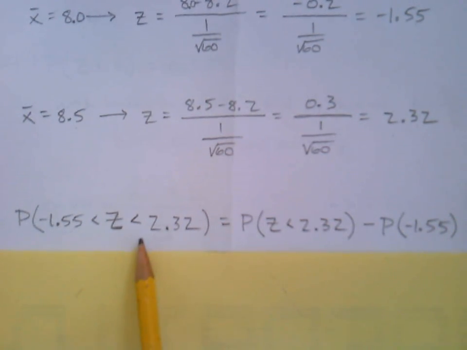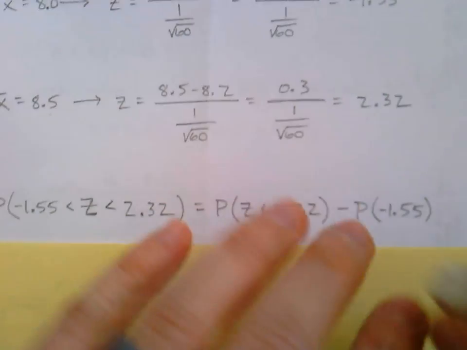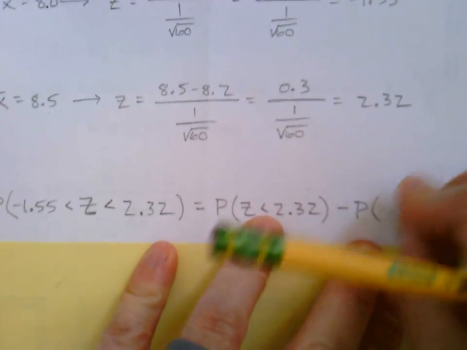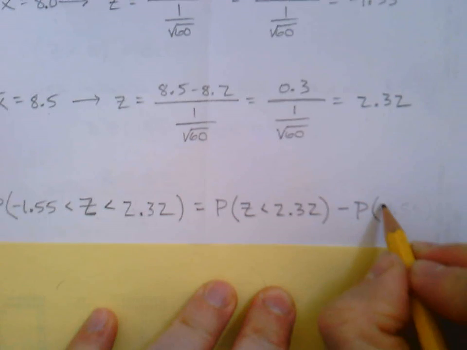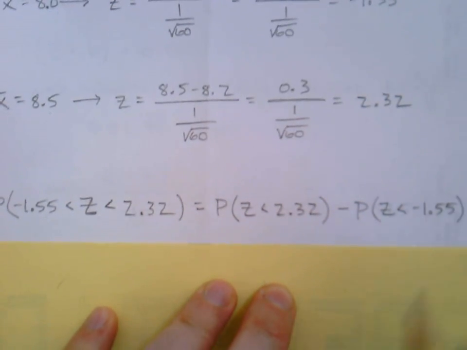Now, how do you actually go about doing this when you've got the two? Well, we saw it back in the previous chapter. I think we even saw it in chapter 5. If z is stuck between, you take the probability that z is less than the bigger one, and you subtract the probability that z is less than negative 1.55. I didn't even write it all out. I think I was worried about space. Hopefully that's all on the screen.